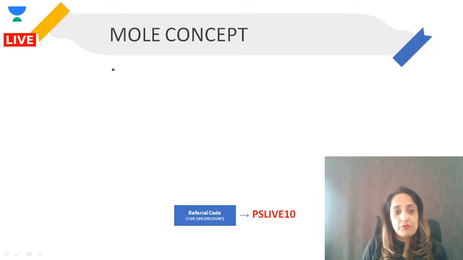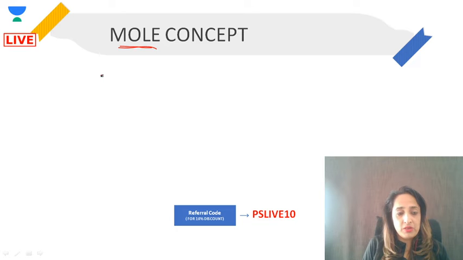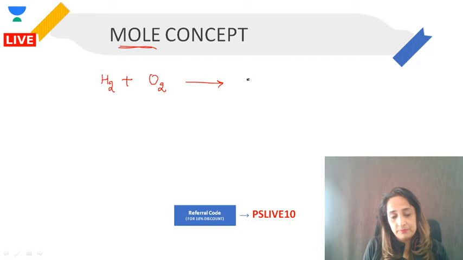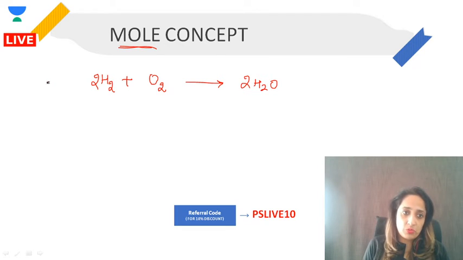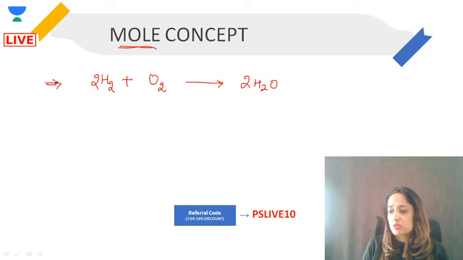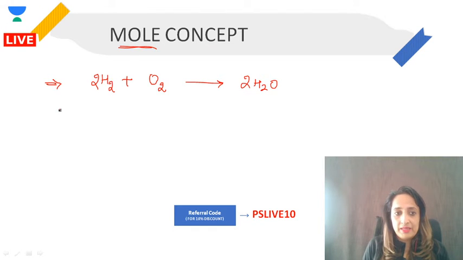Before I get into the details of what exactly mole is, let's write down a small equation where hydrogen reacts with oxygen and gives you water. I'll balance this equation.